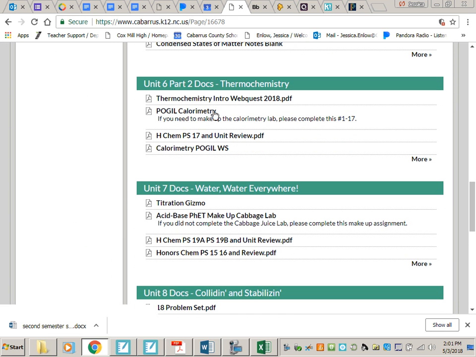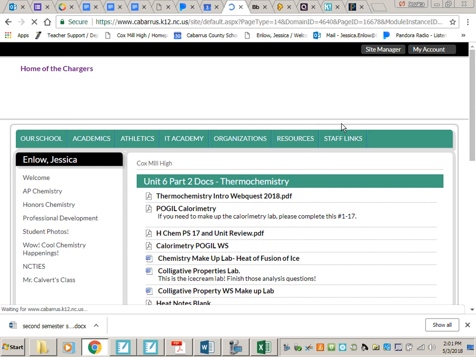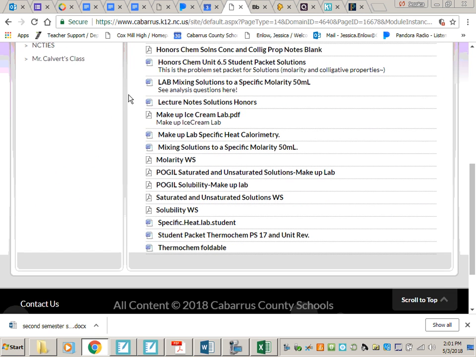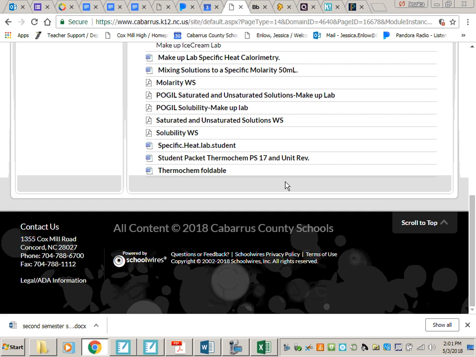When you go to Unit Docs, Unit 6, Part 2, Thermochemistry, and click More, there's some solution stuff on this page. If you look down to see Molarity Worksheet, we'll do this for about 10 minutes. We'll see how far we get, and what we don't finish, we'll finish tomorrow for warm-up.